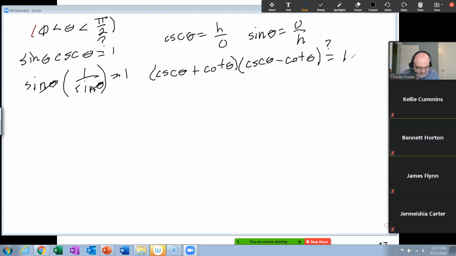Okay? Now, and by the way, the book did theirs the other way. They did sine as 1 over cosecant, and it still came out 1. Now, on this one, if you followed my first hint and changed everything to sines and cosines, that would work, but it would be a lot of work.